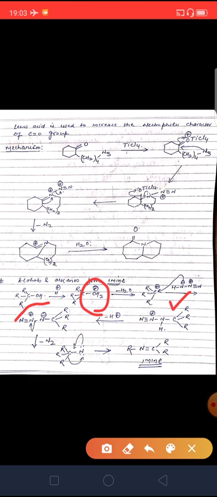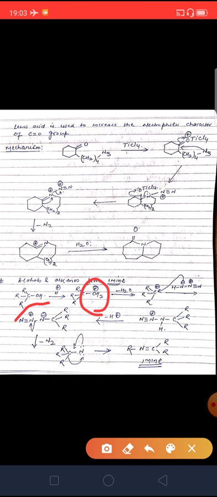and here from this one the N2 will be eliminated out, leaving behind H positive, which will be eliminated out, forming this N negative, and this N negative will also be eliminated out by movement of this R group, and nitrene will be synthesized in this case, right?